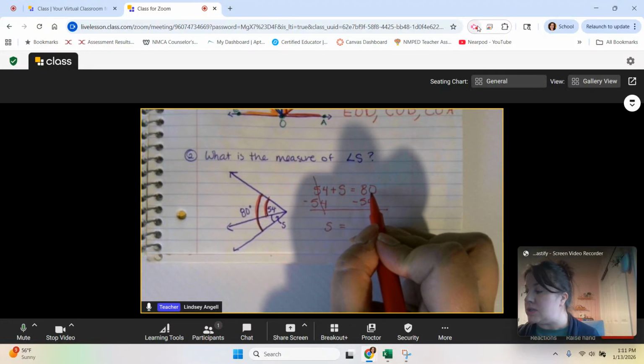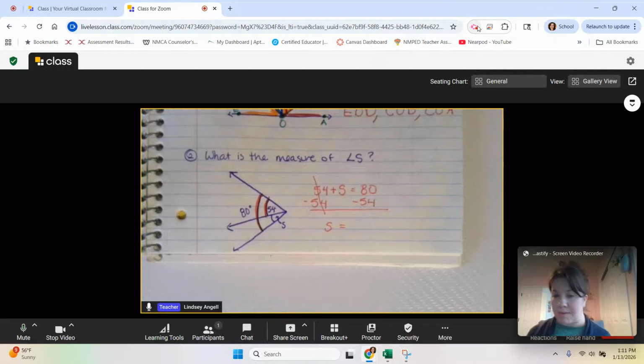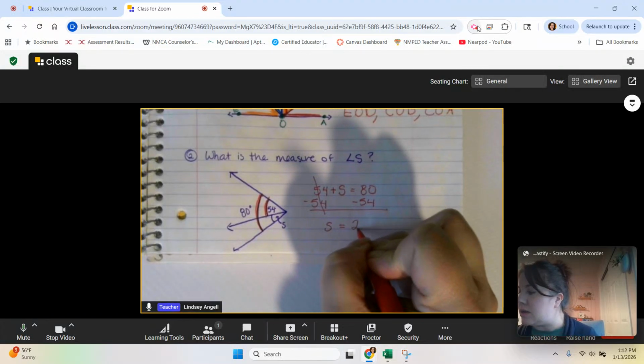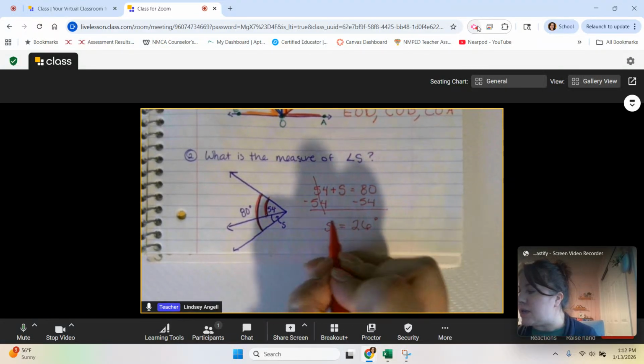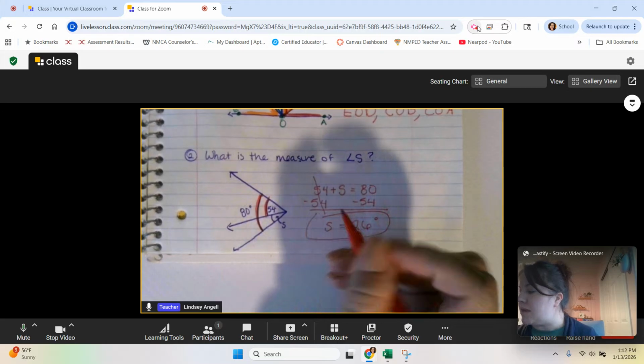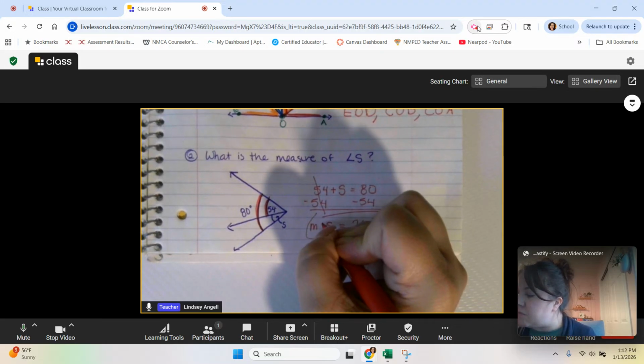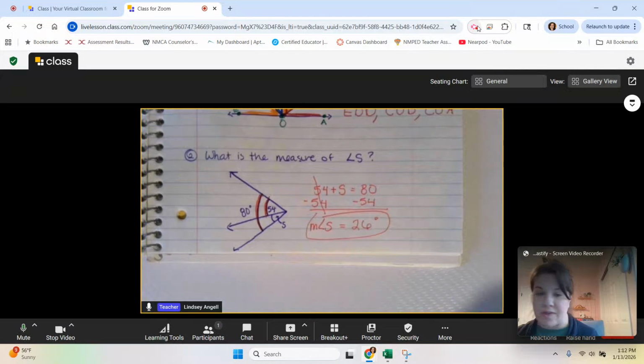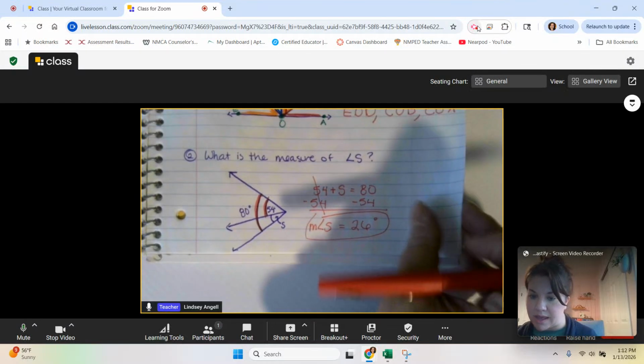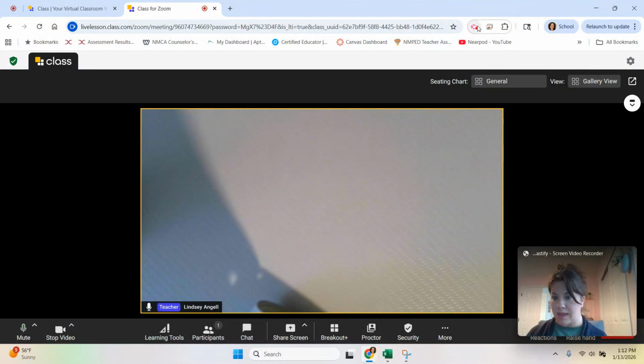Then we just need to do 80 minus 54. Maybe you can do that in your head, even counting up towards 80. From 54 to 60, that's 6. I'm going to hold that in my brain. Then 20 more gets me to 80. So 26 degrees would be the measurement of angle S. To be even more official, we could say the measure of angle S equals 26 degrees. That's how you could write that. That's kind of like shorthand.